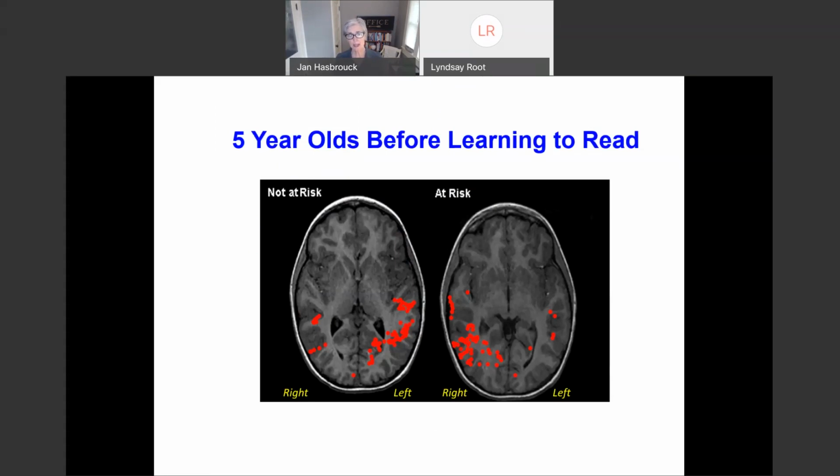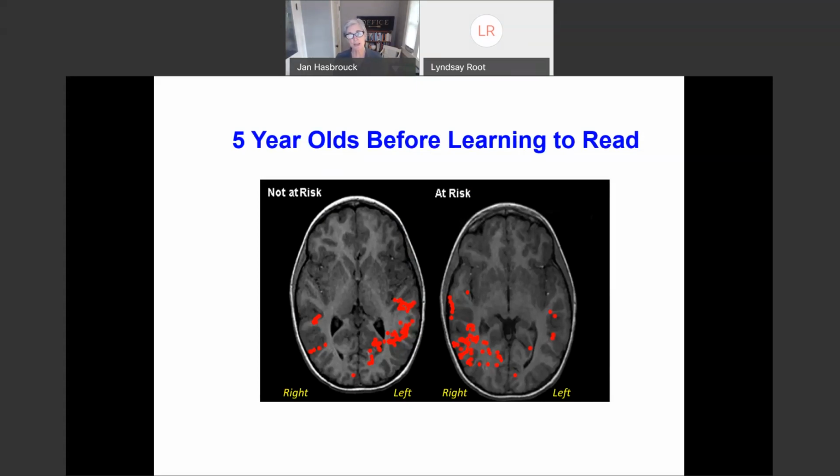The student on the left, what we can see is the red, those red dots, that red activity indicates brain activity. And that student, when engaged in a language task, the left hemisphere is highly activated. That is a not at-risk brain. That is a normally functioning, typically developing brain. Language happens in our left hemisphere.